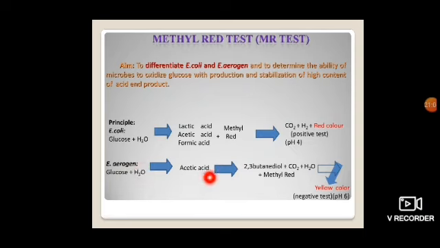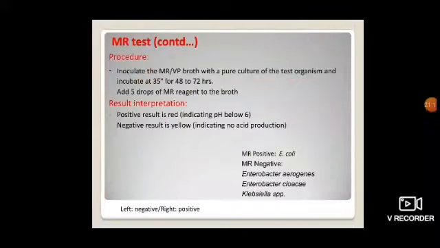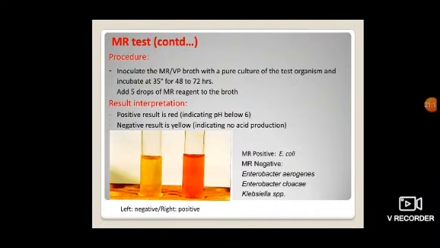In that we add acetic acid, and it forms a yellow coloration, which shows a negative test. In the diagram we can easily observe that yellow coloration means a negative methyl red test, and red coloration means a positive methyl red test.